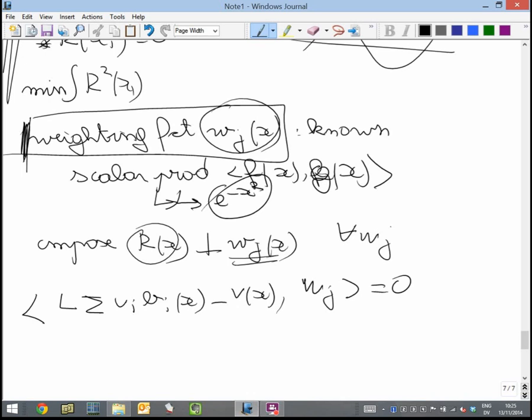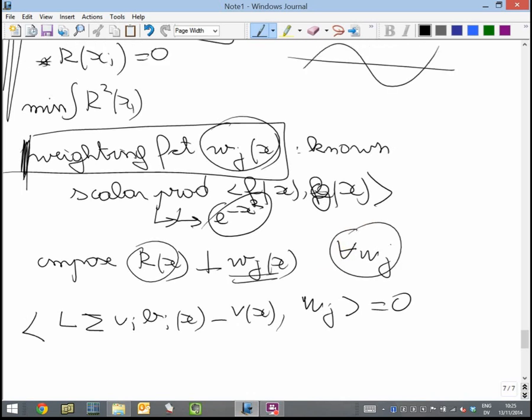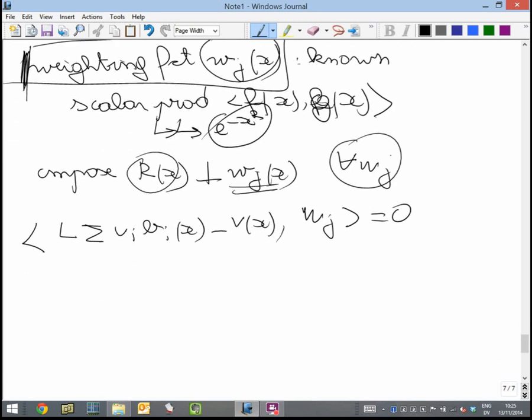So we can do this for all the weighting functions we have in our system. And of course, if we have n basis functions, we're also going to pick n weighting functions. So if we repeat this for every weighting function in our set, we have n equations, and they have n unknowns, right? So this is something we can solve.